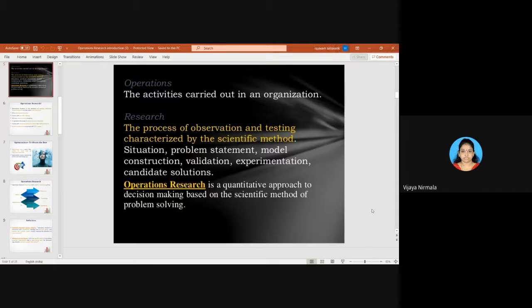So this is what the research process is having. The same here also, but it is related to mathematical solutions.